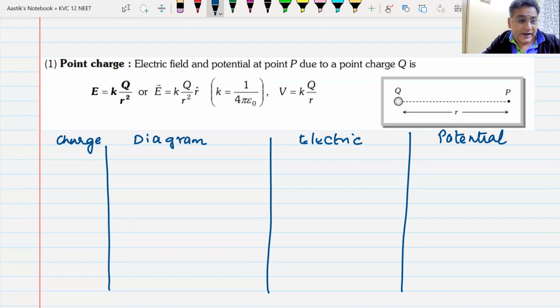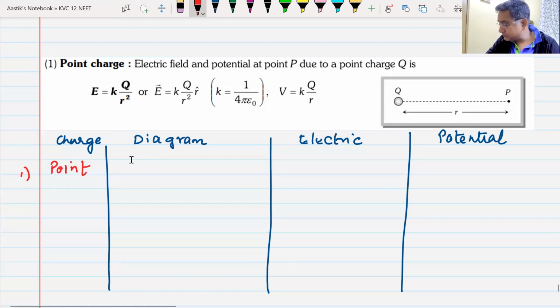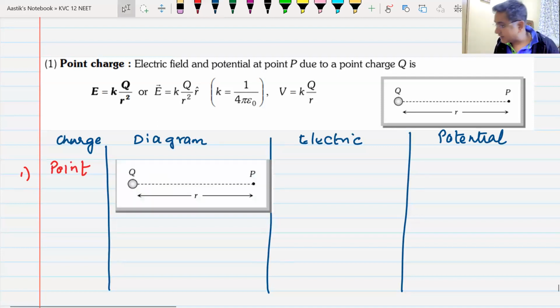For example, if I have to break this description into that form, what will I do? I will write here number one. I will write here point charge. I hope you understand what I'm saying. In column number 2, I will draw this diagram.